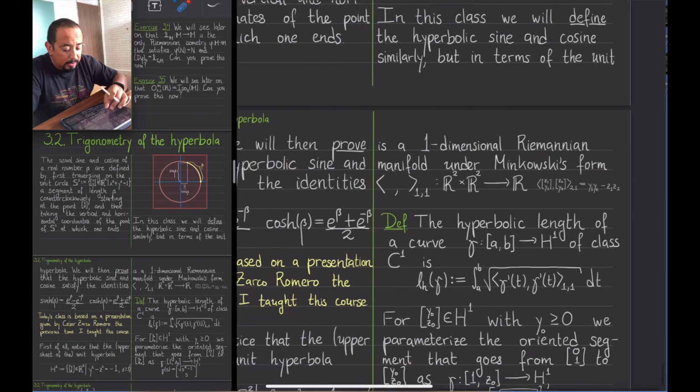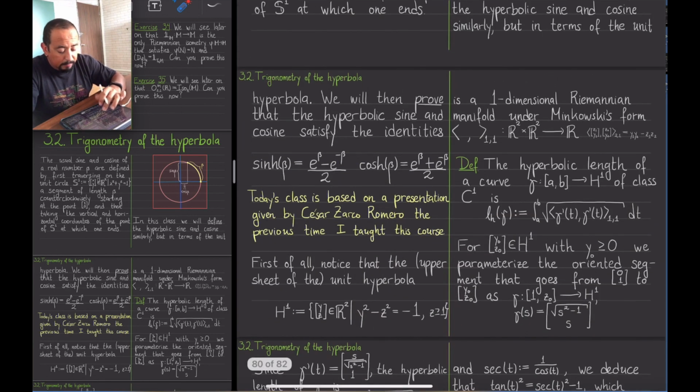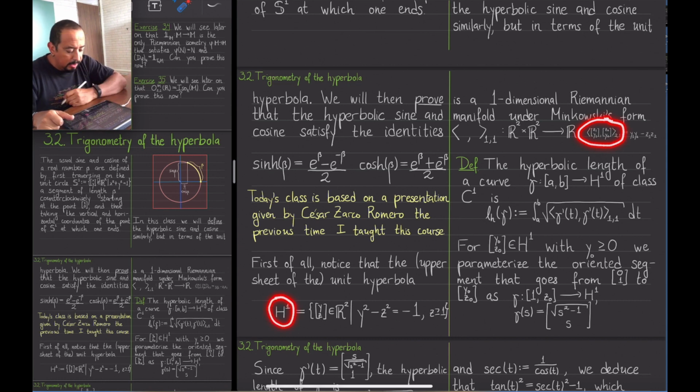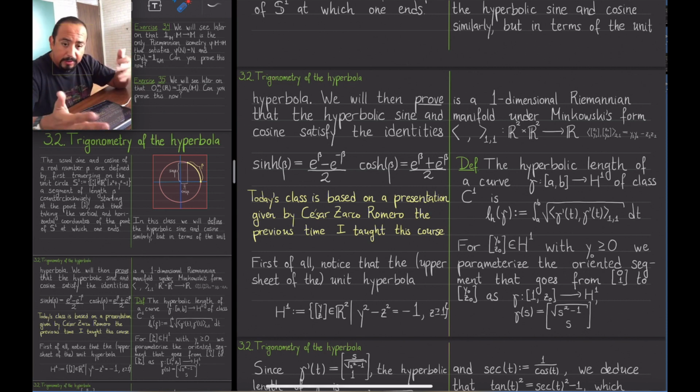And it makes of this upper sheet of the hyperbola a Riemannian manifold. So on each tangent line to this hyperbola, it gives you an inner product. And this we no longer need a proof of; we pretty much did it already.